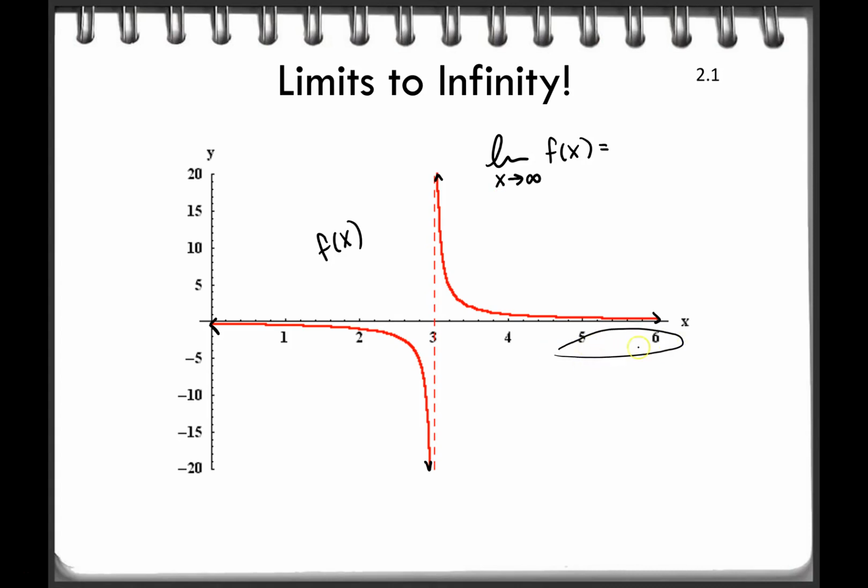Well, that's over here. In fact, it would be even further over here. So this graph is going like this. It's getting closer and closer to the x-axis. So what is happening to the y value as my x is getting bigger? Well, my y value is getting really close to what? If you said 0, you are correct.